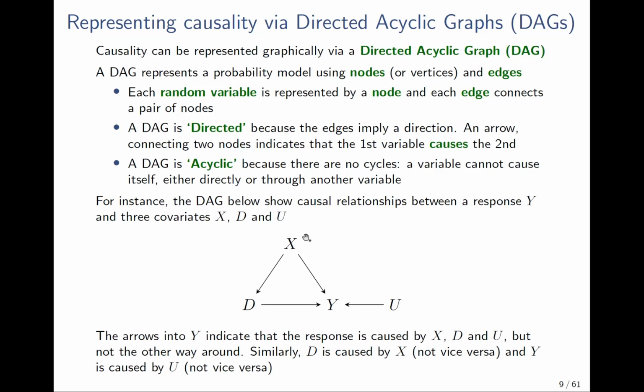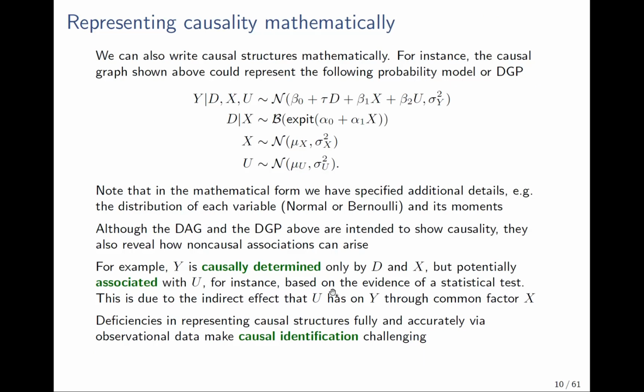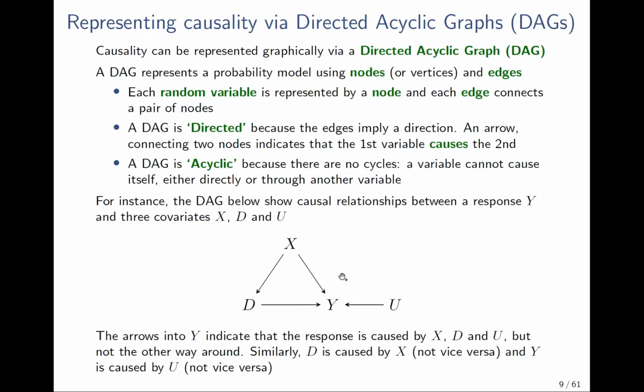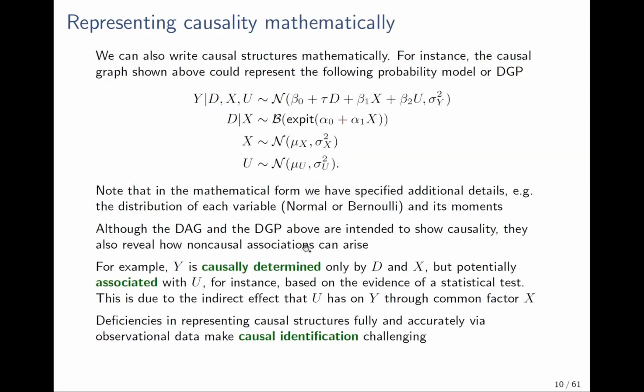It's this variable weather up here that causes the association between the two. Let's say there's no arrow here, an association is caused by a kind of spurious association, if you like. So we can demonstrate causality, but we can also demonstrate non-causal associations and lack of associations within a DAG. So for instance, here we can see that U is not associated with X.